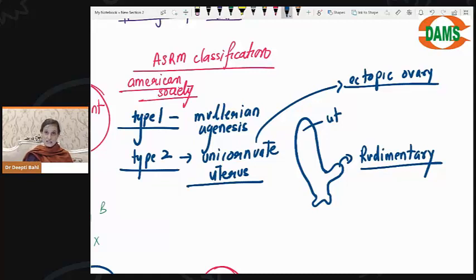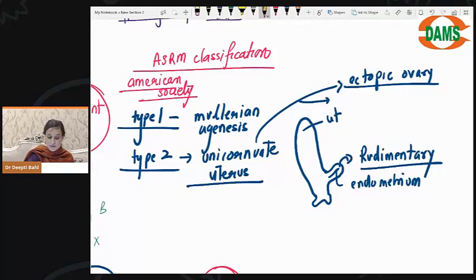Second, sometimes this rudimentary uterus has developed but is really small. There will be an endometrium inside.